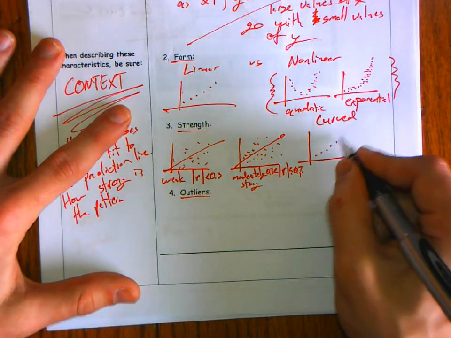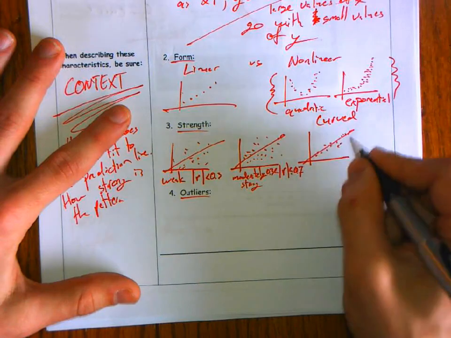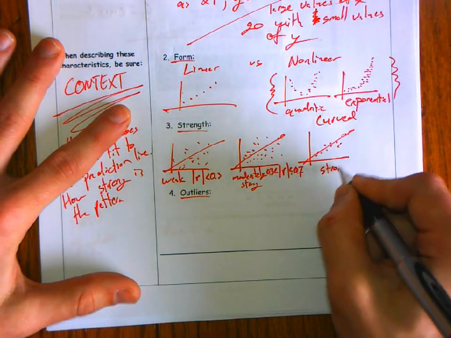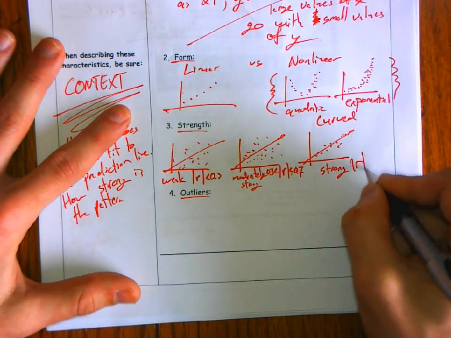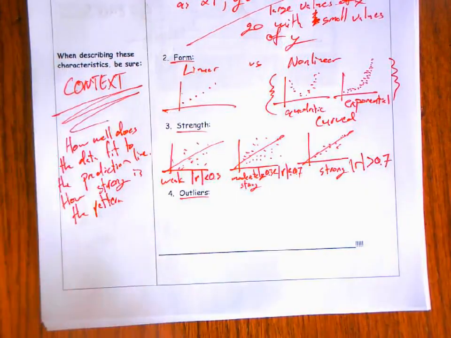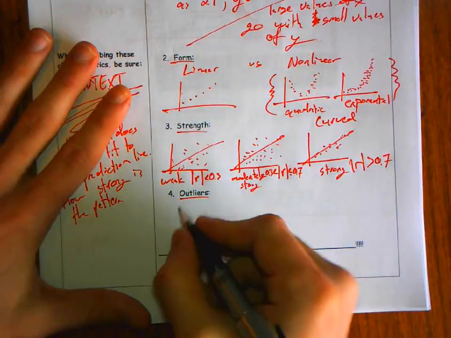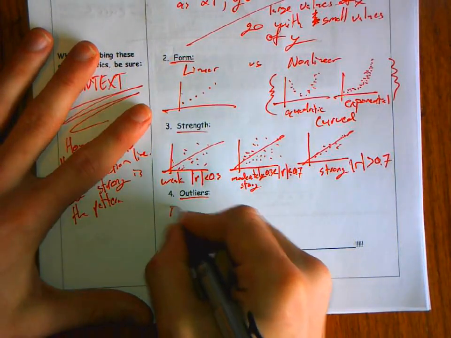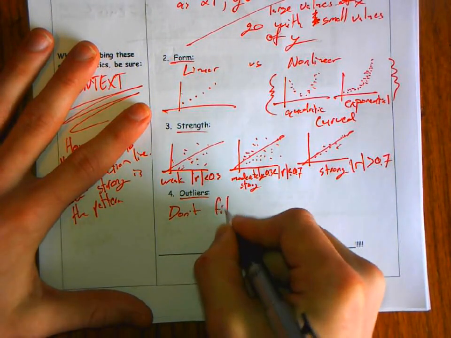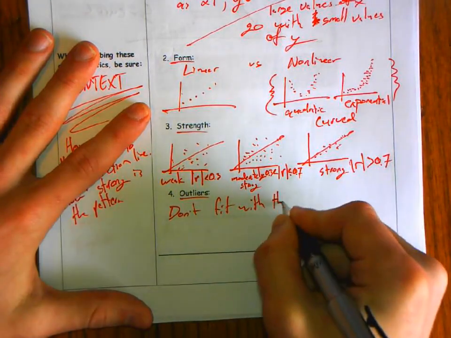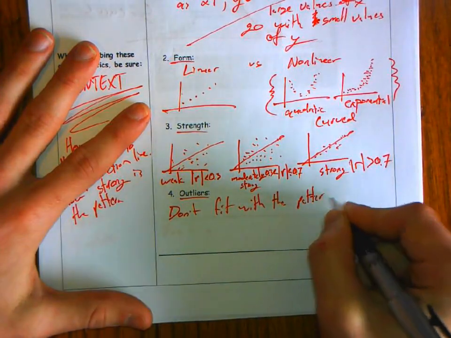You might have something that looks very strong. Call that strong: absolute value of R greater than 0.7. So we'll have weak, moderately strong, and strong relationships. And we also got to talk about outliers. What are outliers? They don't fit with the pattern of the data.